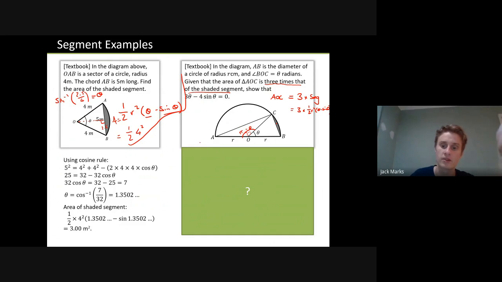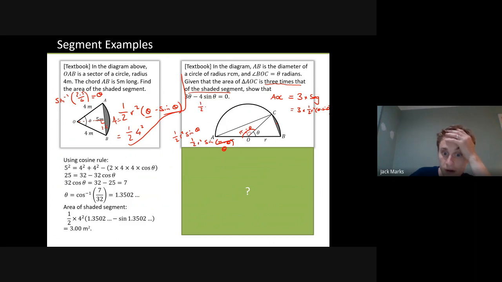The area of a triangle is half r squared sine theta. So it's going to be half r squared sine of not theta, but pi minus theta. Now, if you know your identities, pi minus theta, so think about like 30 and 150, they're the same thing. So that can actually be written as that. So I think we're pretty close already.